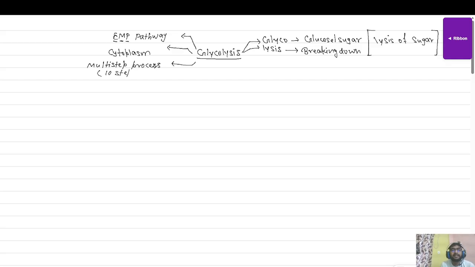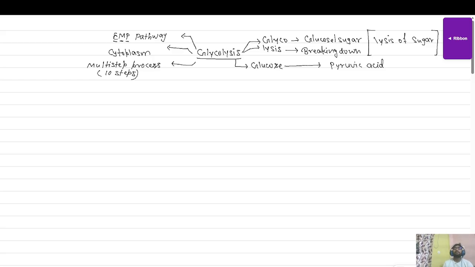And what happens in glycolysis? Generally, the sucrose or glucose molecule will be converted to pyruvic acid, or pyruvate. This is what happens during the glycolysis pathway.